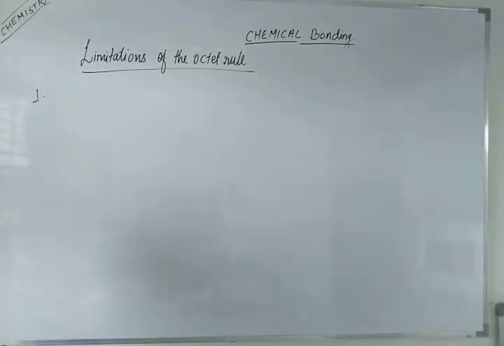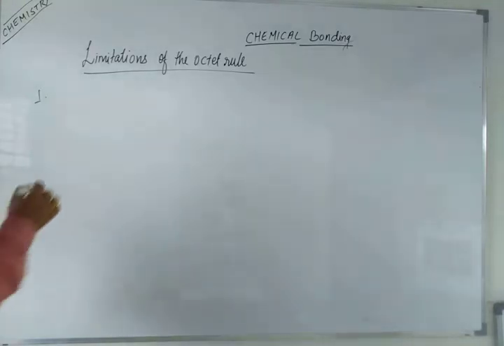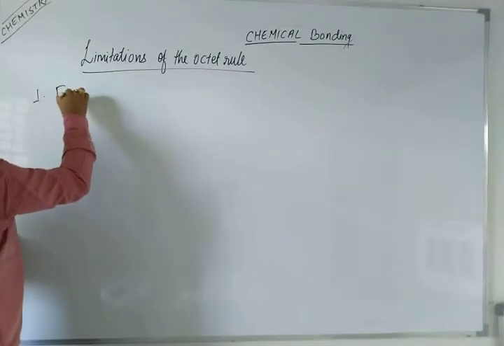Now the first point of this topic: in the NCERT it is written about the incomplete octet of the central atom, but the point is the formation of compounds with electron deficient atoms.